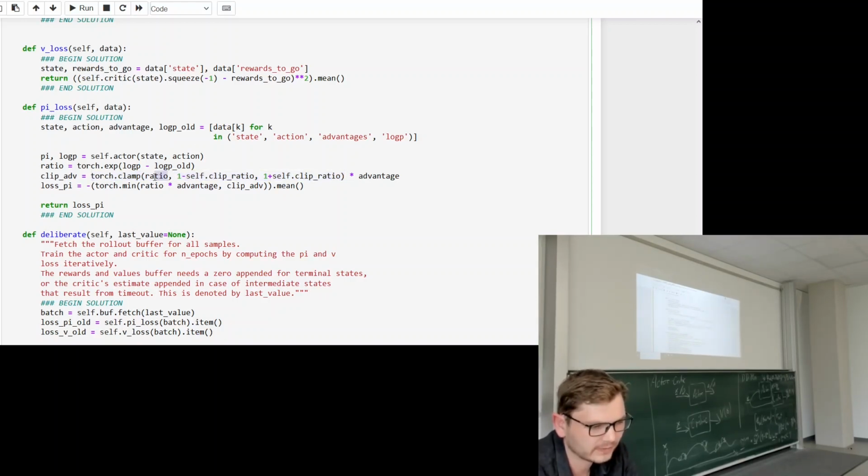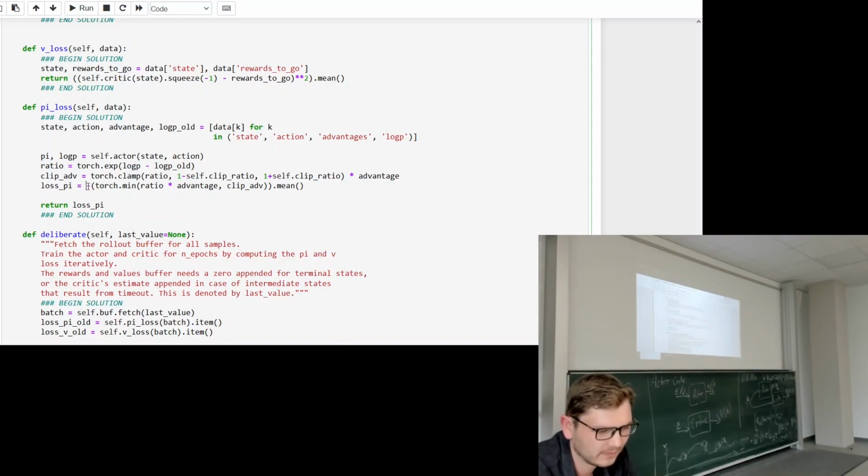So we define this ratio of probabilities, or in this case, it's simplified a little bit by using logarithmic probabilities, and then we don't need to define the fraction of them, but find the difference of them, and then have the exponential function applied because they are logarithmic. And then we just clip this to either the lower ratio or the upper ratio. So simple as that, but keep in mind clamping and clipping most of the time means the same. You just need to look at the framework that you're using.